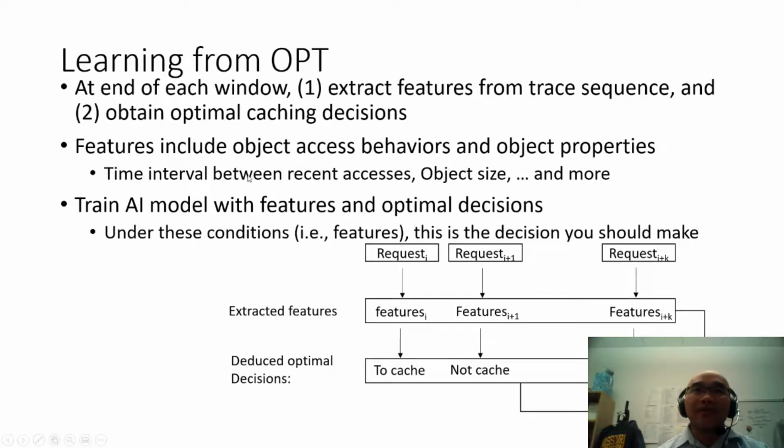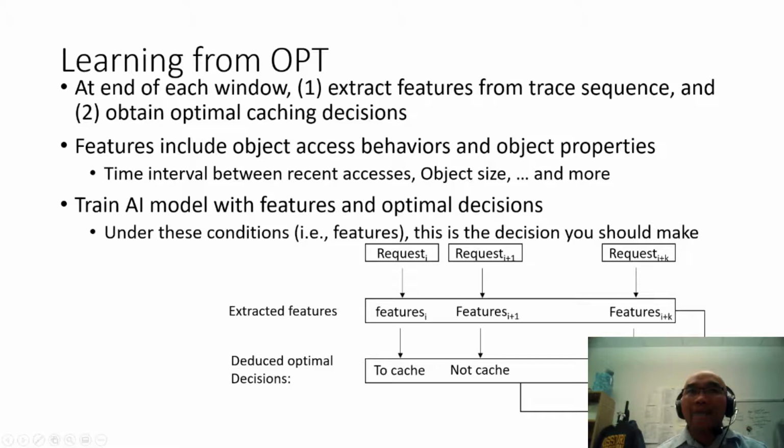These may include the time intervals between recent accesses, object size, and some other items. So given the requests in the window, we obtain the features, and then we use PFO to obtain the optimal decision on whether to cache or not cache the object requested by each request.